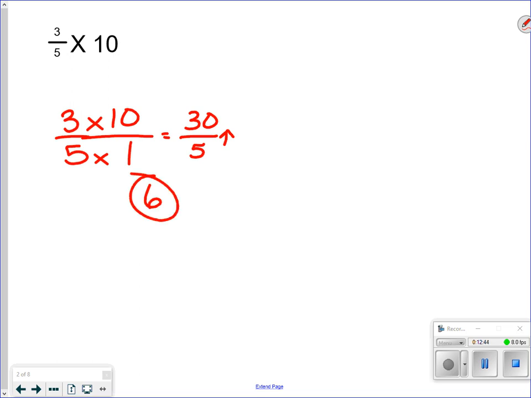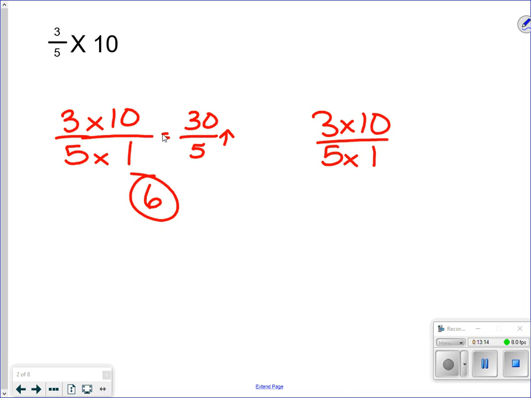So your final answer should have been 6 with either one that you were doing. So if you did standard algorithm 2.0, you should have got 6 also if you did it correctly. So if you did it the second way, 3 times 10 over 5 times 1, you should have noticed that 5 can go into 10.